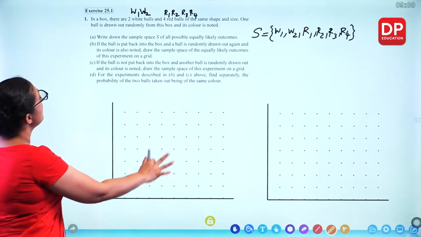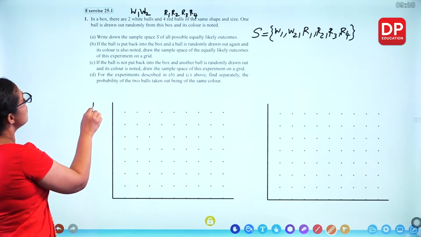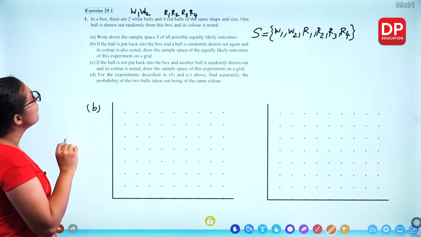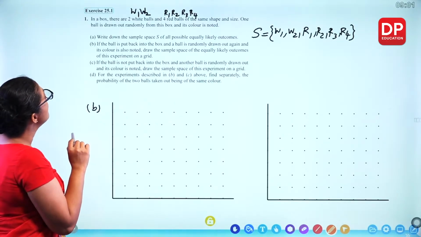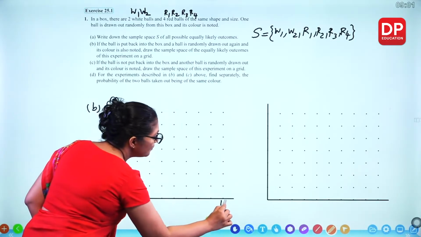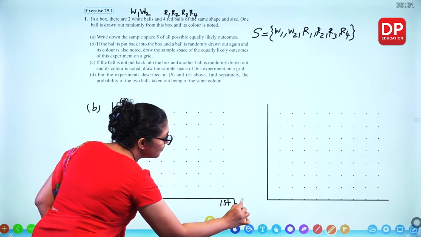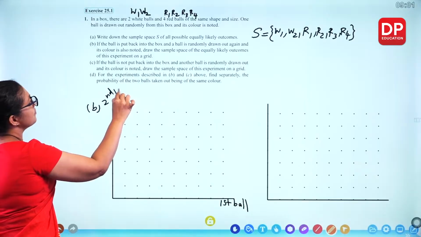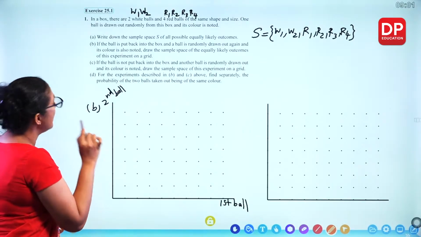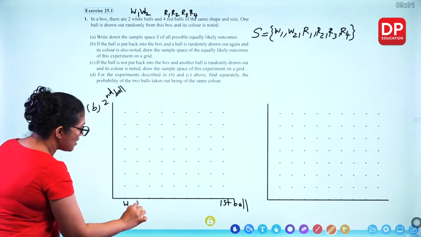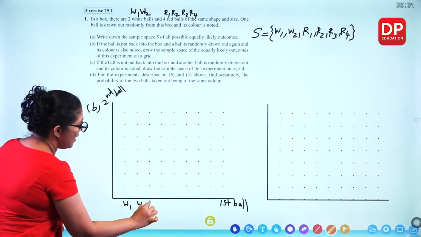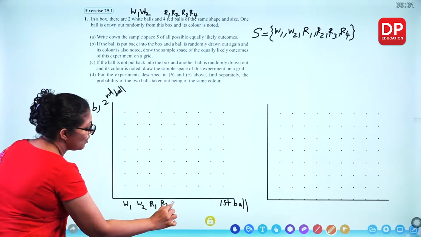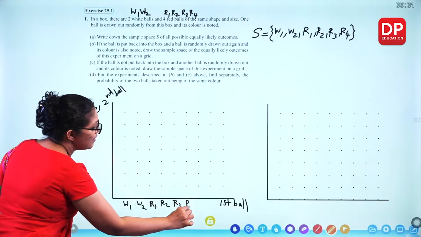So we'll take this one for part B. Here we'll take the first ball here and the second ball this side. What are the colors? W1, W2, R1, R2, R3 and R4.